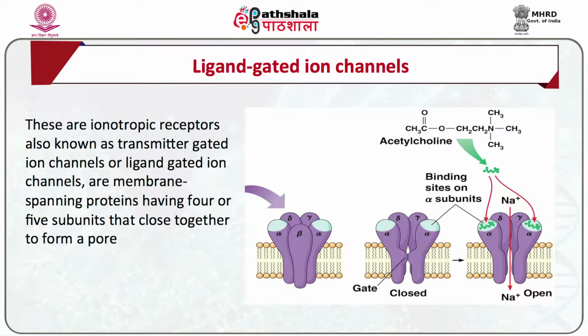Ligand-gated ion channels or transmitter-gated channels. These ionotropic receptors are known as transmitter-gated ion channels or ligand-gated ion channels, and are membrane spanning proteins having 4 or 5 subunits that close together to form a pore.